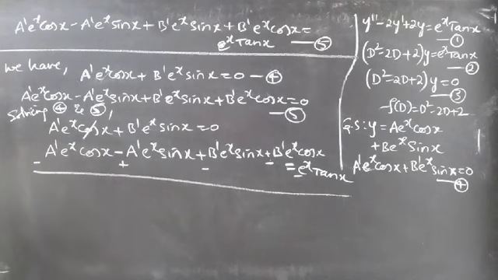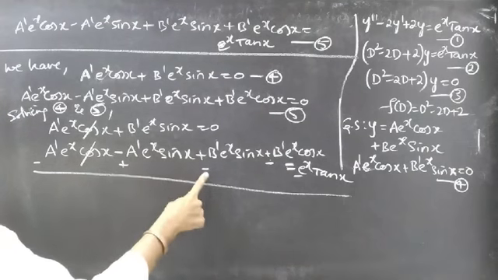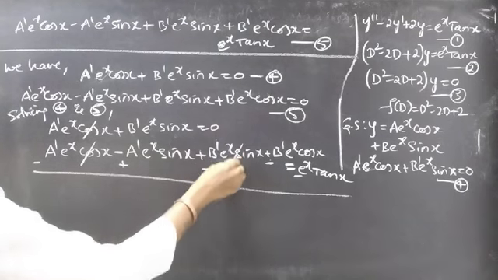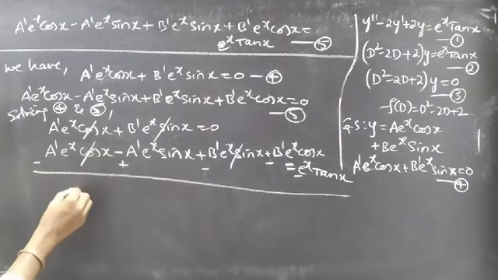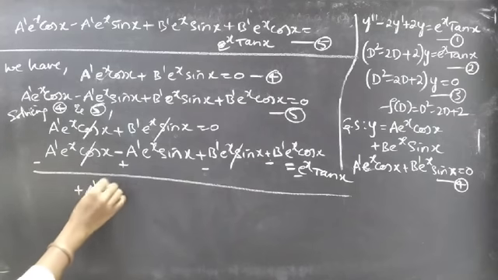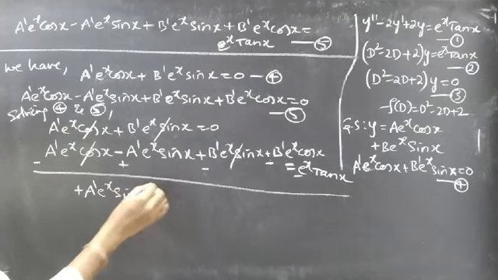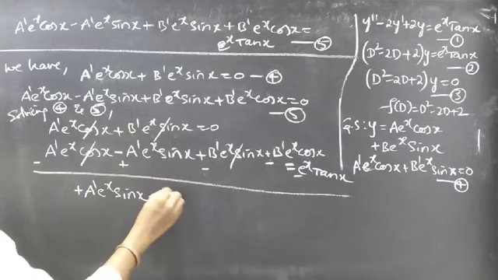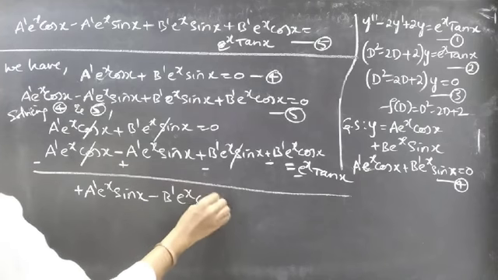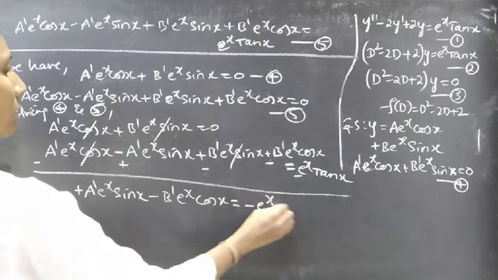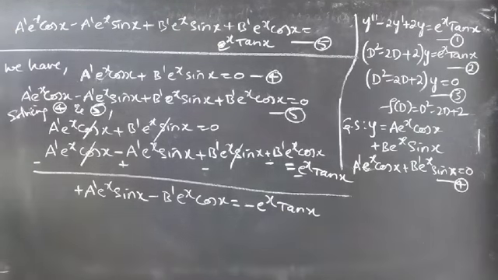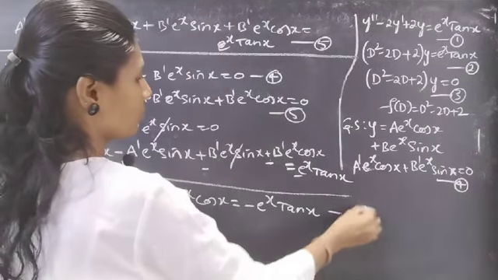Here plus a dash e power x cos x and minus a dash e power x cos x get cancelled, and b dash e power x sin x and minus b dash e power x sin x get cancelled, and we'll get plus a dash e power x sin x minus b dash e power x cos x equal to minus e power x tan x. Now consider it as equation number 6.